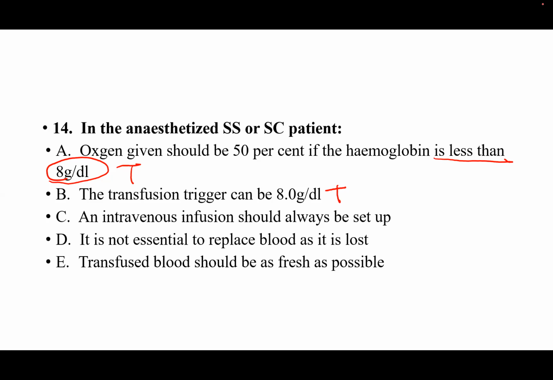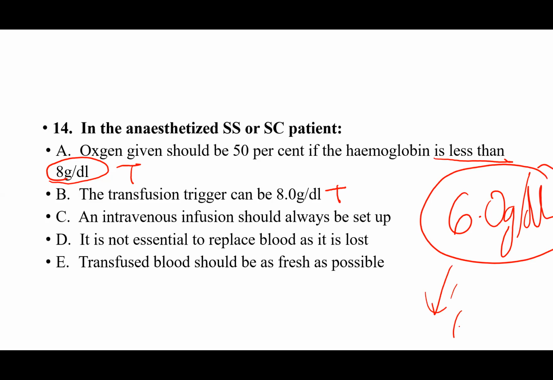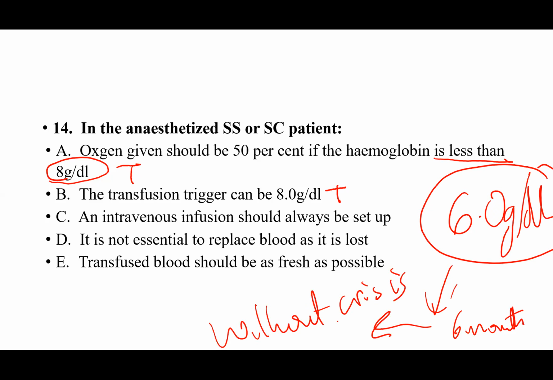Even if you do the HB and see it's 6, don't say, this guy is really pale, let me transfuse. If he maintained this hemoglobin for up to 6 months without crisis and without transfusion, that is a steady state. It is the steady hemoglobin of a sickle cell disease patient who has not received transfusion in the past 6 months.